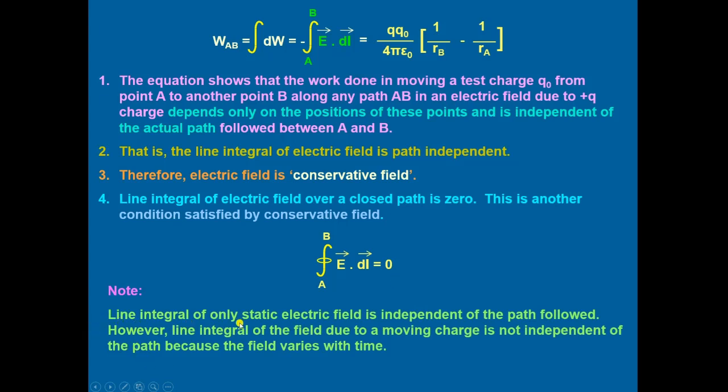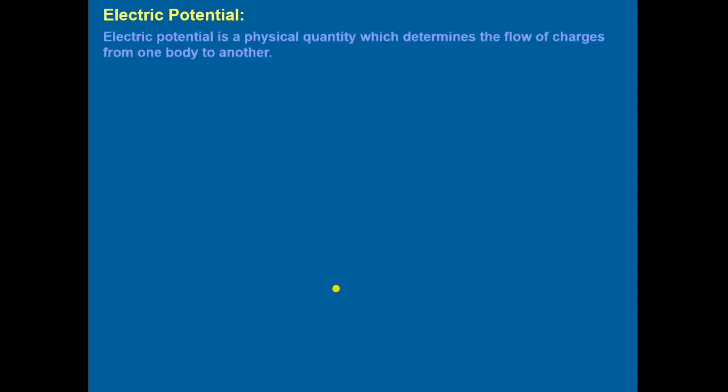Line integral of only static electric field is independent of the path followed. However, the line integral of electric field due to moving charge is not independent of the path because the field varies with time.